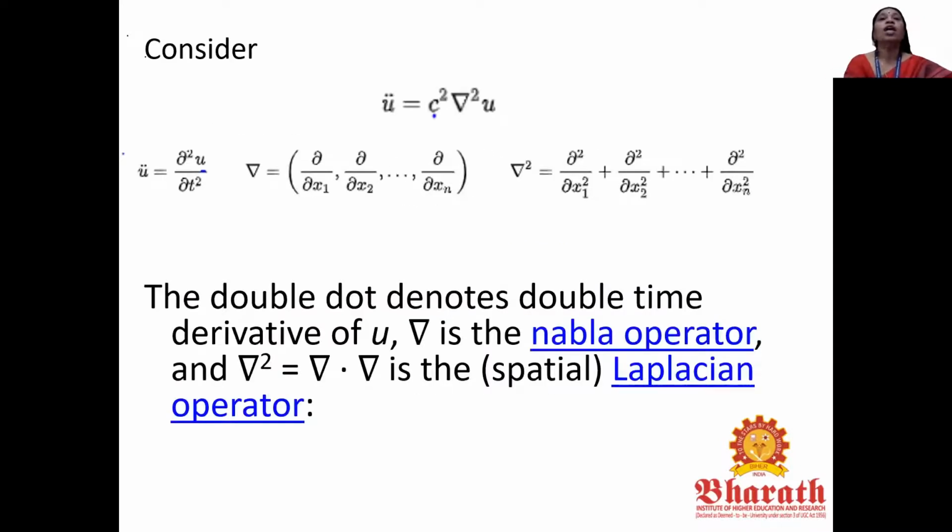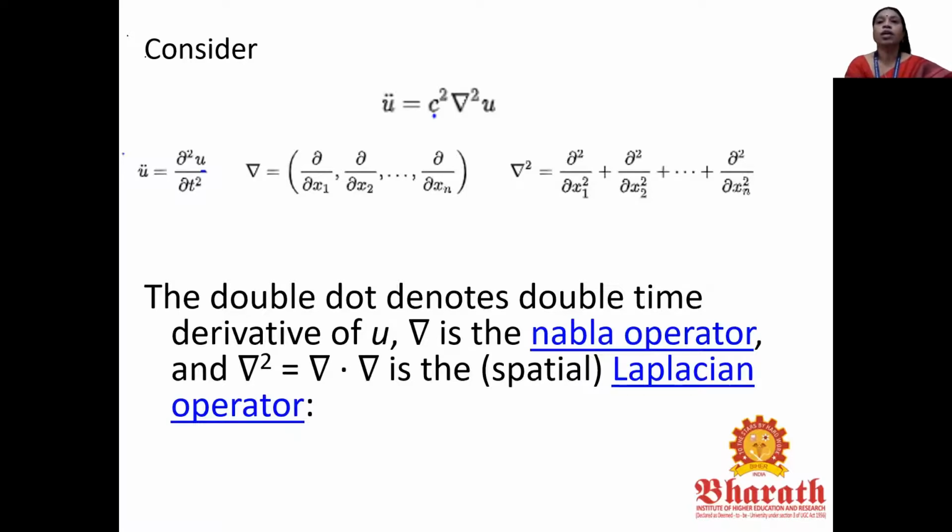Now consider u double dot = c² del square u. So u double dot is ∂²u/∂t², and your del is equal to (∂/∂x1, ∂/∂x2, etc. to ∂/∂xn).